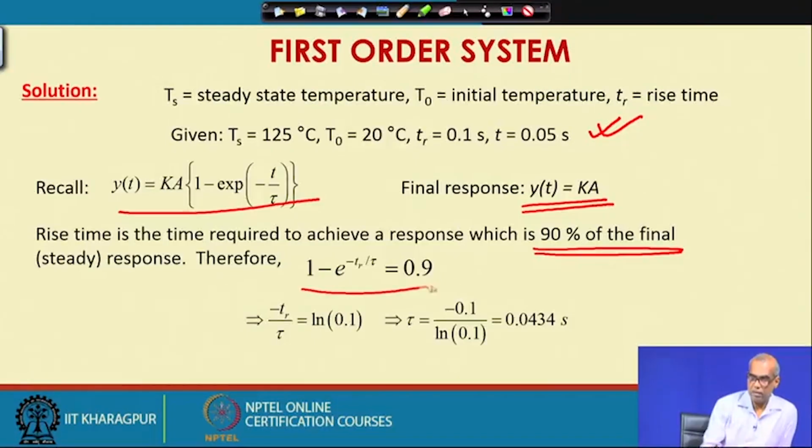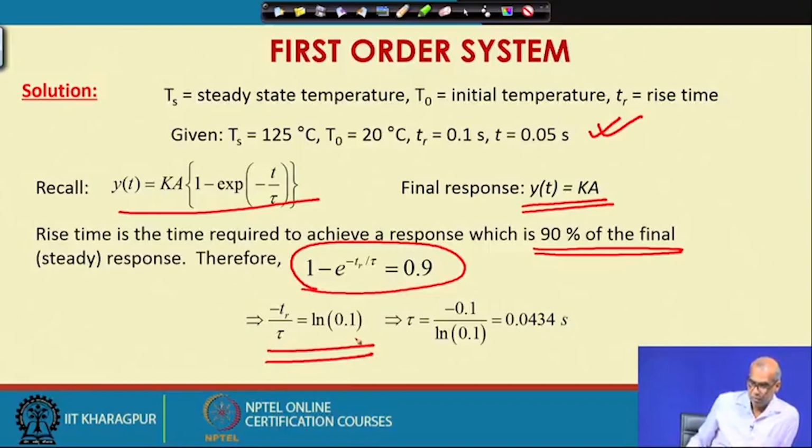So, I can write this, from where I write this and then rearrange to get tau as this.